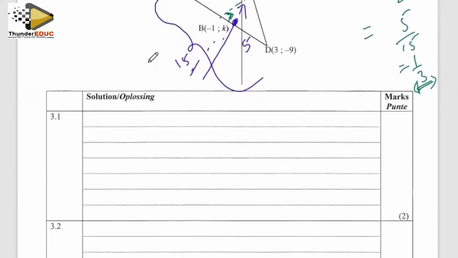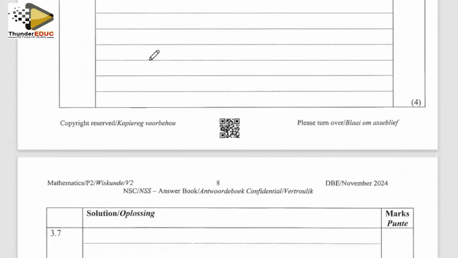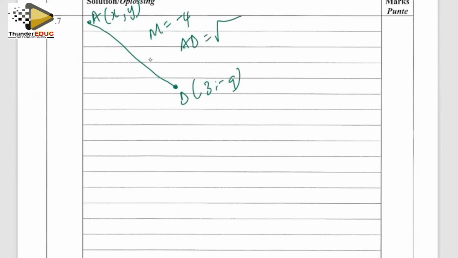Okay. So our point M is not going to be of relevance, okay? Because all we need is A, which I'm just going to name as x and y. We already have the coordinates of D, which are 3 and -9. Okay, so our gradient is -4, and then our distance is square root of, they said 6 what?